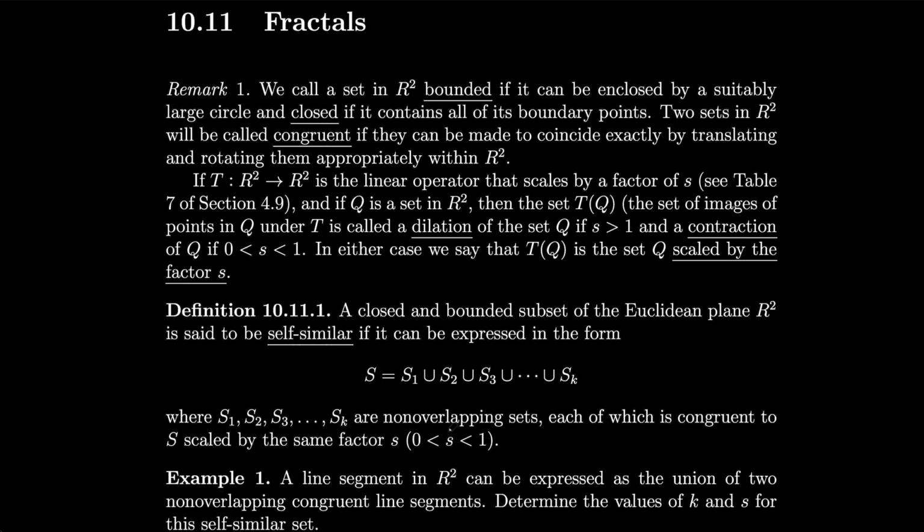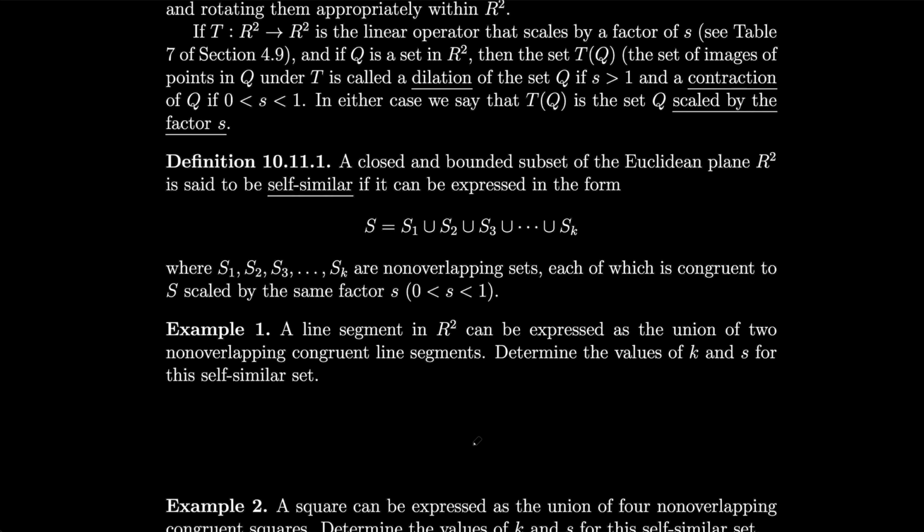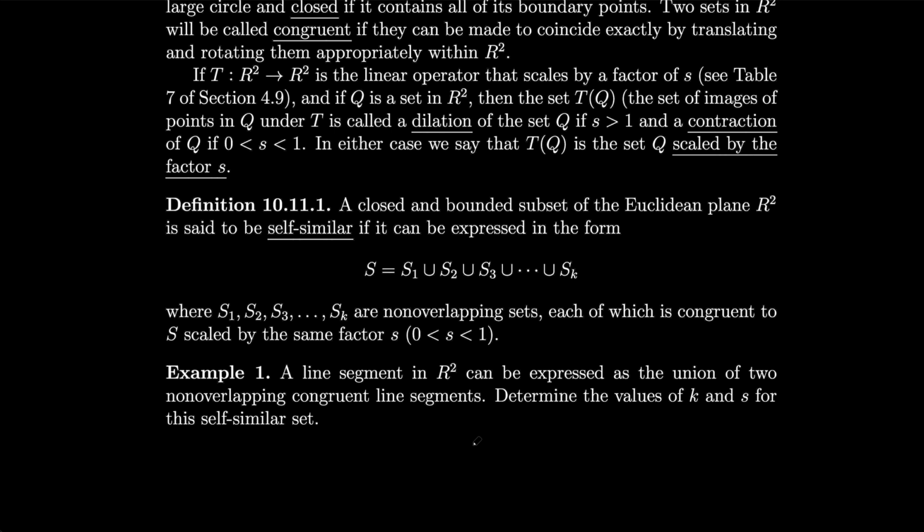So as an example, we have a line segment in R2. It can be expressed as the union of two non-overlapping congruent line segments. So here's a line segment. It's the union of these two congruent line segments. Maybe you could draw them a little better than me so that they are actually equal to each other, but it's close enough.